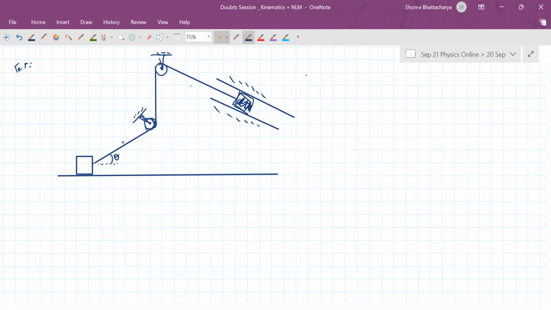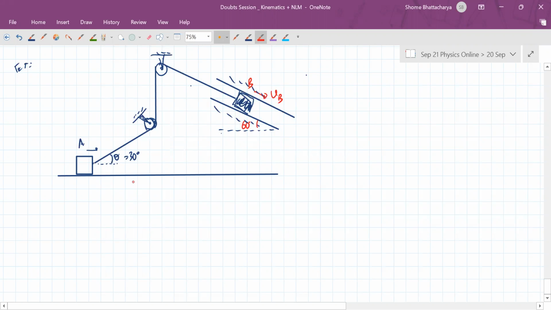You see that the angle that I have labeled over here is a variable angle. At the given instant, it is 30 degrees, but this angle will be changing as block A moves. Whereas this angle, which is given in the question as 60 degrees, is a fixed angle because this block B is moving along a fixed channel. If block B is moving like this, then A is moving like this and vice versa.